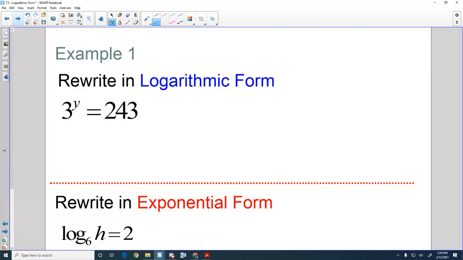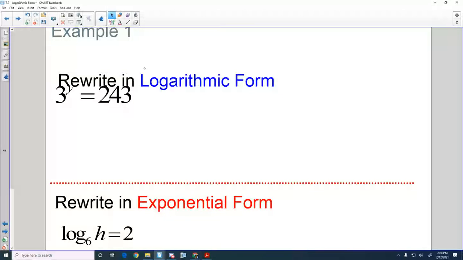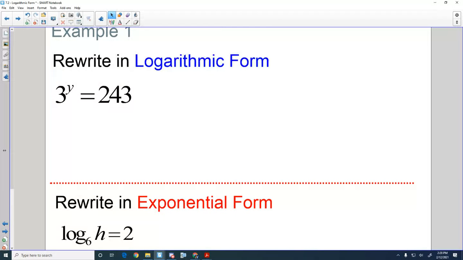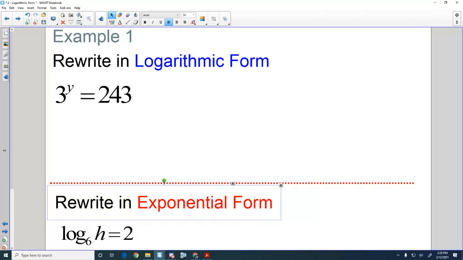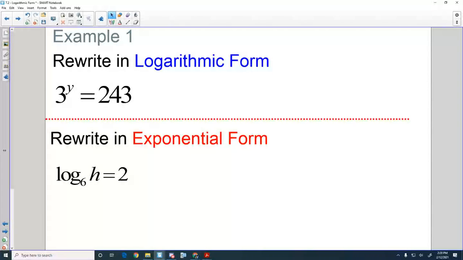All right, let's practice writing things out. Let me bring these up a little bit. Got two different equations. That first one is written in exponential form. I know it's exponential form because there's an exponent.